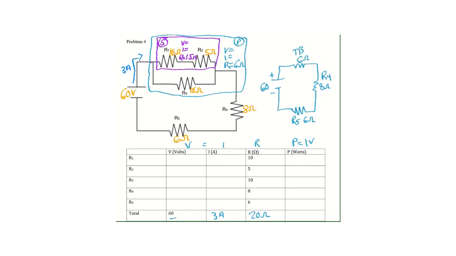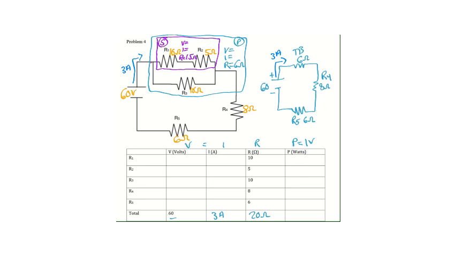So now we need to decide where do all 3 amps have to go. So let's take a look for a moment at that drawing at the right. All 3 amps come out of the power supply. Do they have to go through the teal box? They do. Do they have to go through R4? They do. Do they have to go through R5?